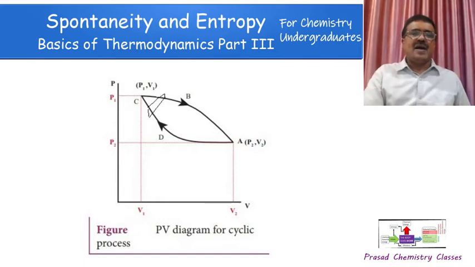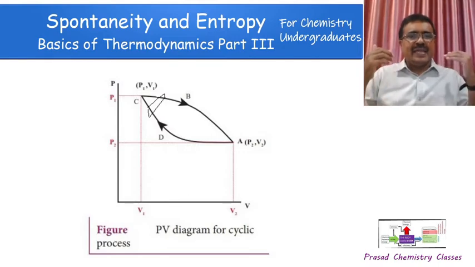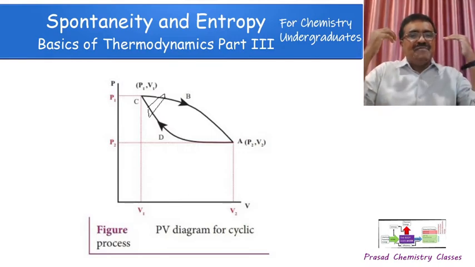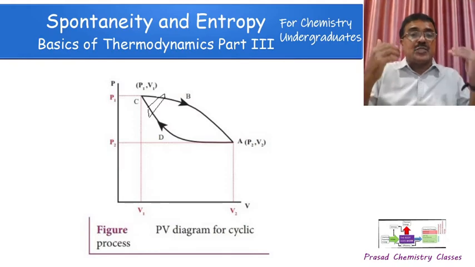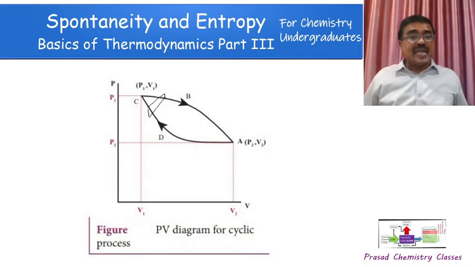Then the outer lines, what we call the adiabatic lines, will coincide with the total line of the actual cycle. So we can consider any reversible cycle as a sum of an infinite number of infinitesimally small Carnot cycles.